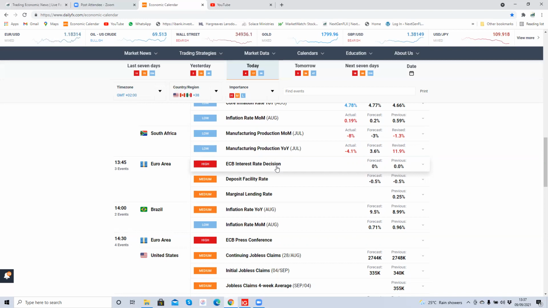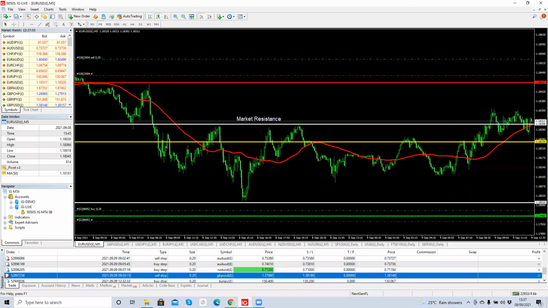And since we're trading the Euro US dollar, this will obviously affect the market we are trading. So as usual, I kept out of the market, specifically the Euro US dollar, and I'm just going to assess the market now and decide where we're going to place our trades. So let's go to the charts.